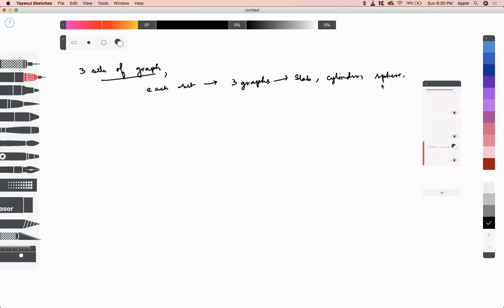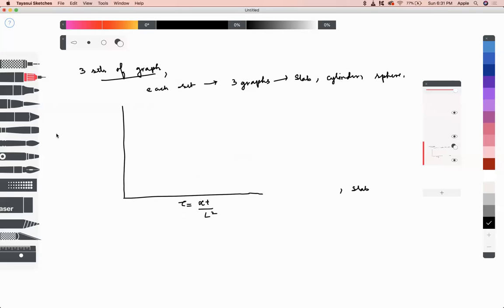So the first graph, essentially, you see, on the x-axis it will be a dimensionless number called the Fourier number. This will be alpha t by L square. This is with respect to the slab. If it is with respect to a cylinder, then it will be something related to the radius.